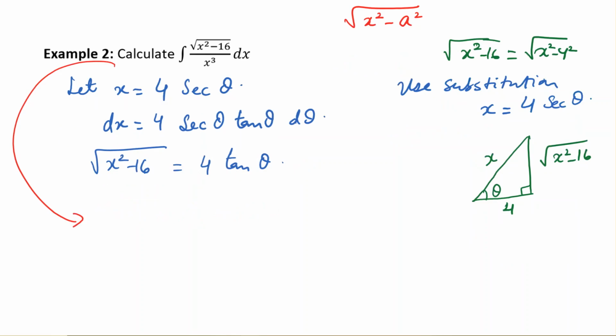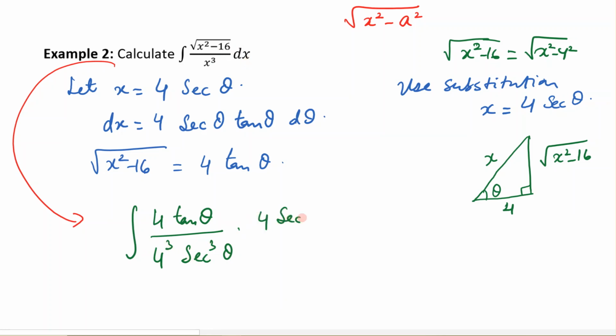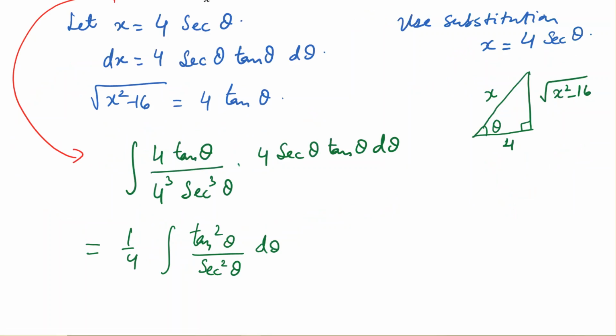So our integral becomes the integral of 4 tangent theta over x cubed, which means 4 cubed secant cubed theta, and dx is 4 secant theta tangent theta d theta.